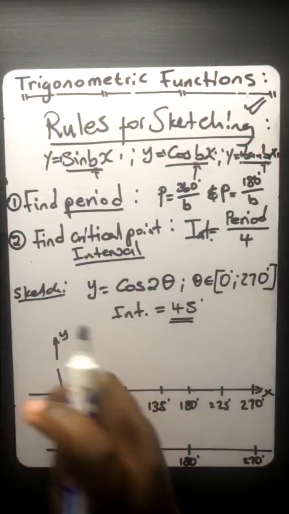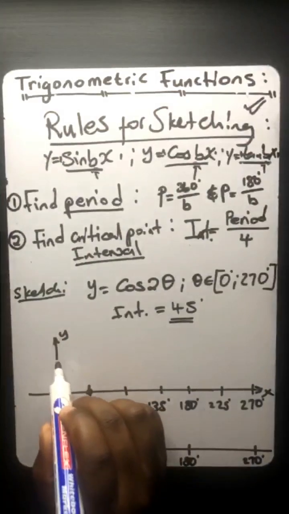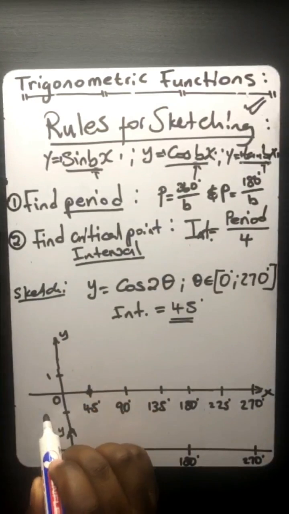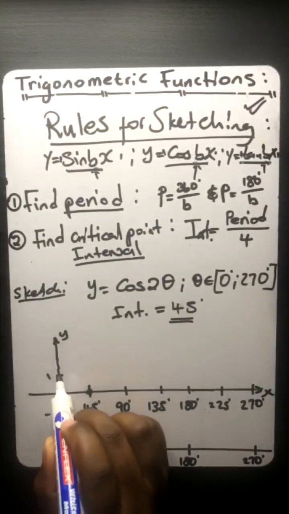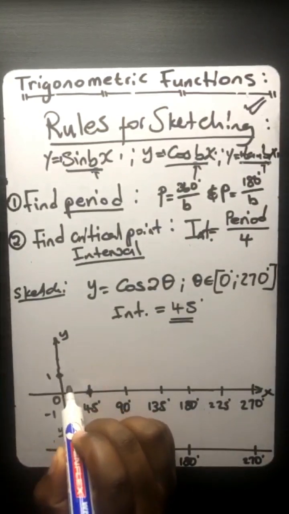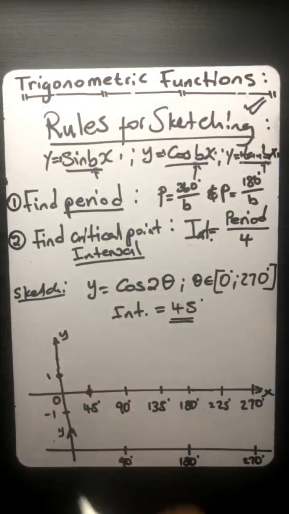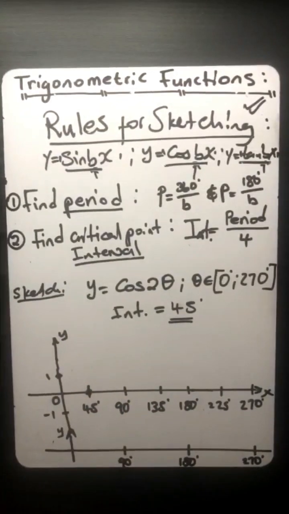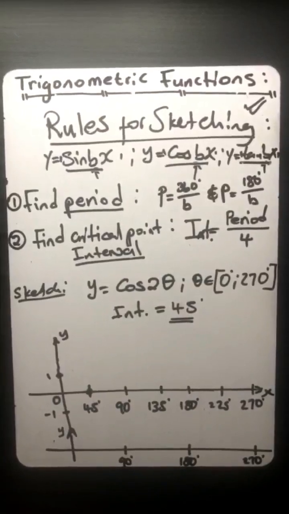As we say cos 45, it gives us square root of 2 divided by 2. Okay, I got a different answer. Someone else, what are you getting?